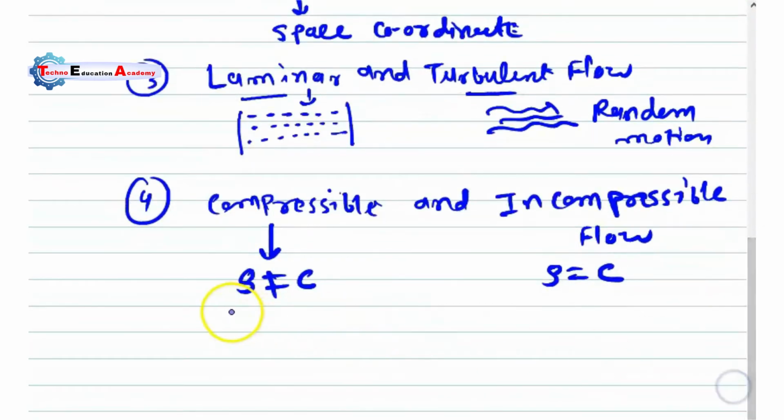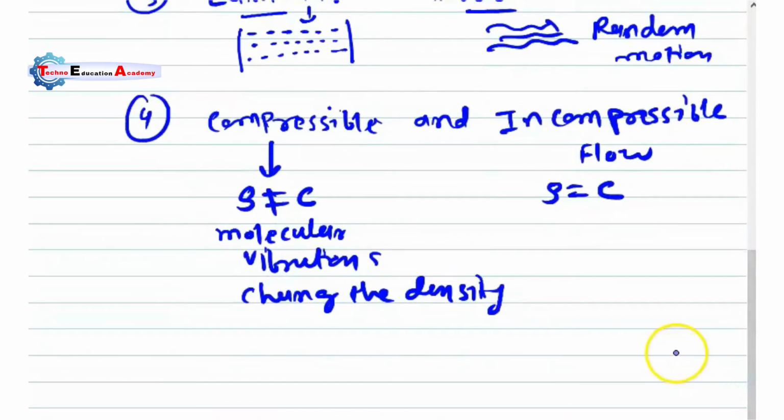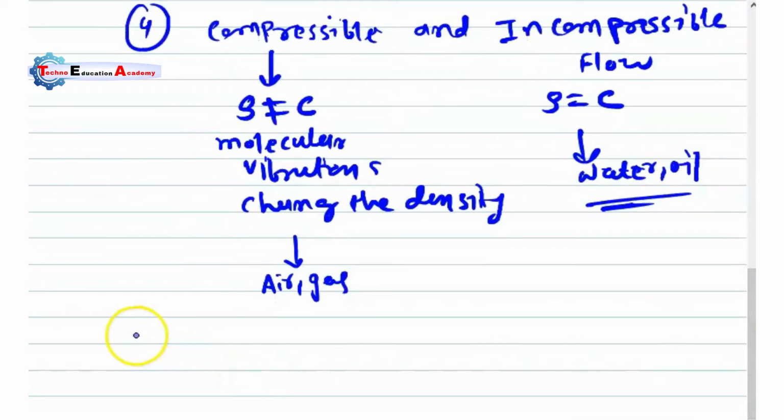In compressible flow, molecular vibrations change the density; in incompressible flow, there is no change in density due to molecular vibrations. Examples of compressible fluids are air and gas, and incompressible fluids are water and oil.